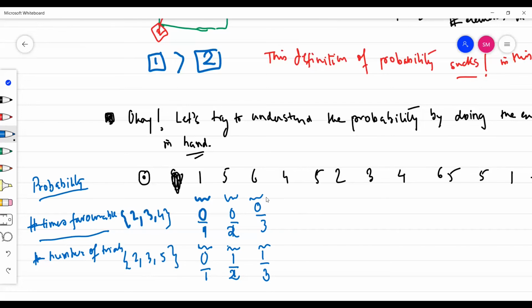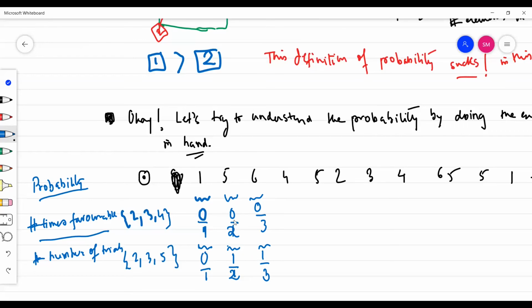In the first trial we got 1, so it is 0. The second time when we tossed, we got a 5. So for the first it is 0, for the second it is 1 because we have 5 in that set. In the third toss we got a 6. Since 6 is not available in the first set, we put 0. Similarly, 6 is also not available in the second set, so obviously it should be 0, right? But this 1 is being carried forward now.